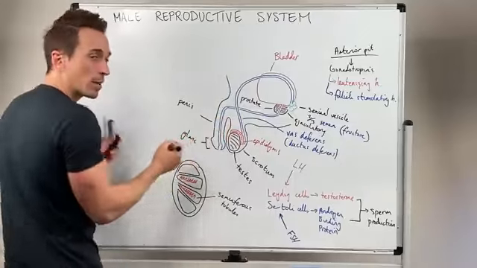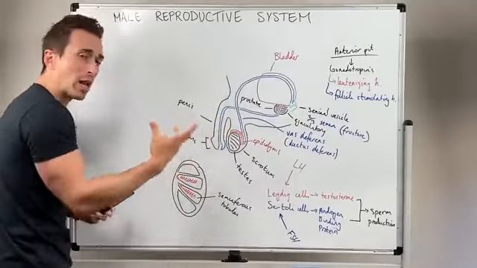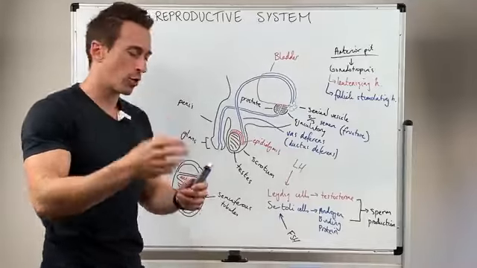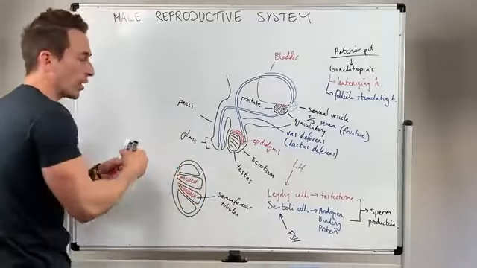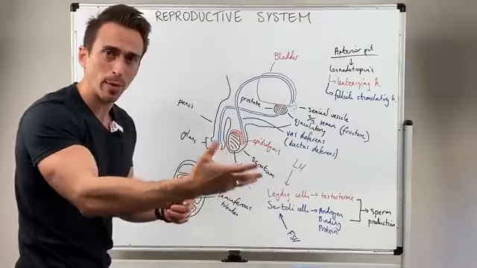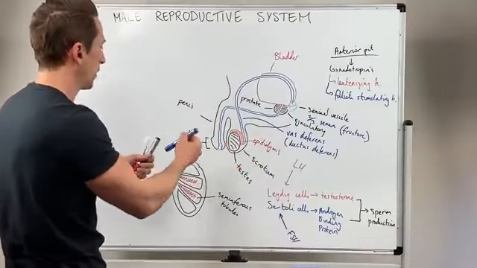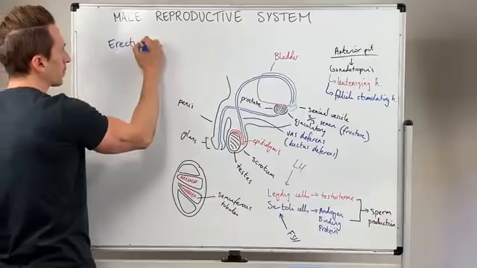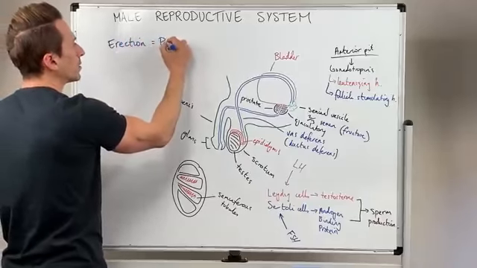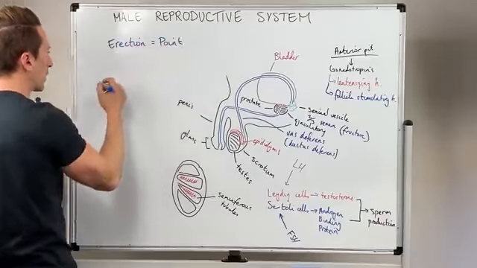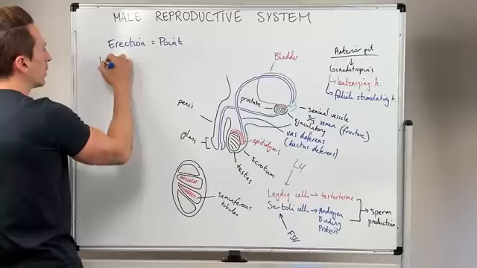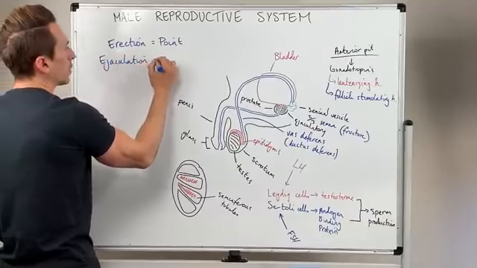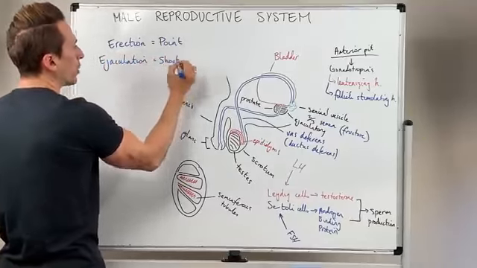When it's time for erection and ejaculation, and erection and ejaculation need to occur in order to eject that sperm into the vagina of the female, when we look at erection, think of the word point. When you think of ejaculation, think of shoot. Point and shoot.